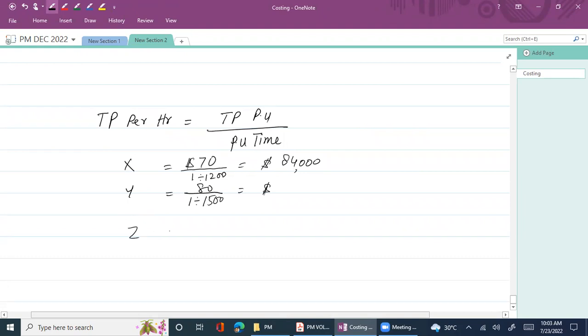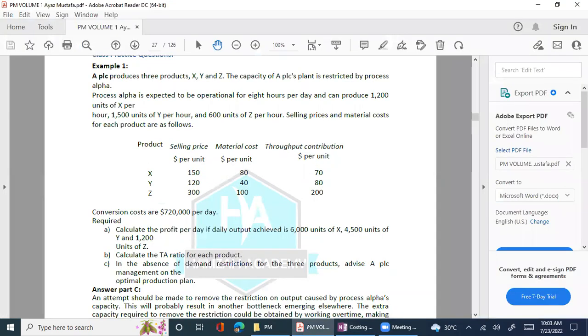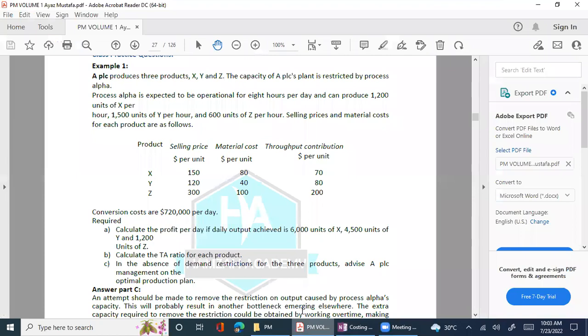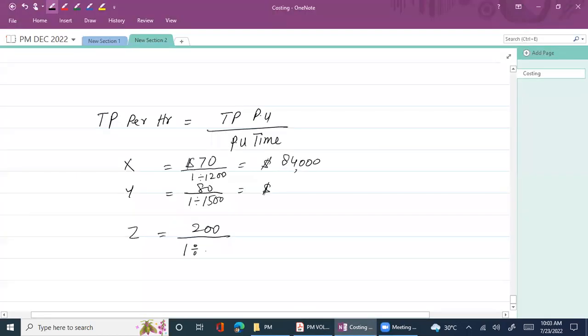And then we have the throughput of Z, which is 200, and 1 divided by 600, since 600 units of Z are produced per hour. So I guess this will be 120.